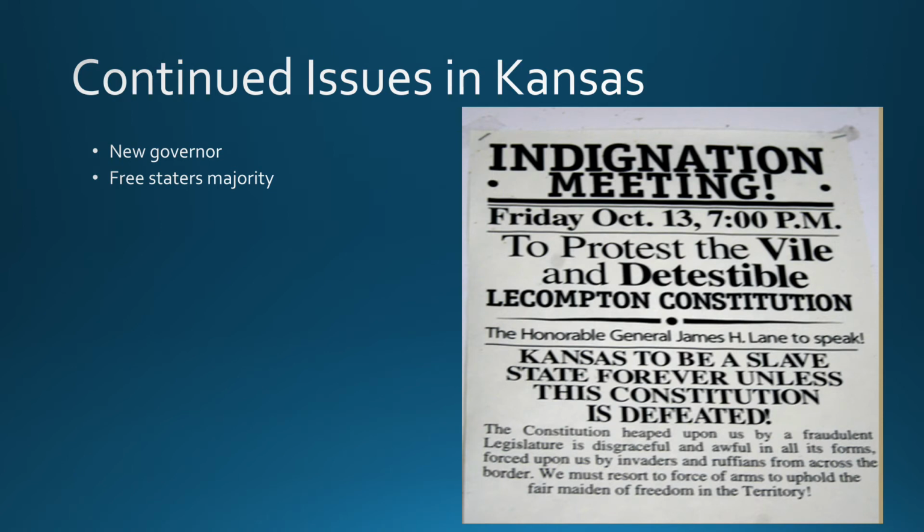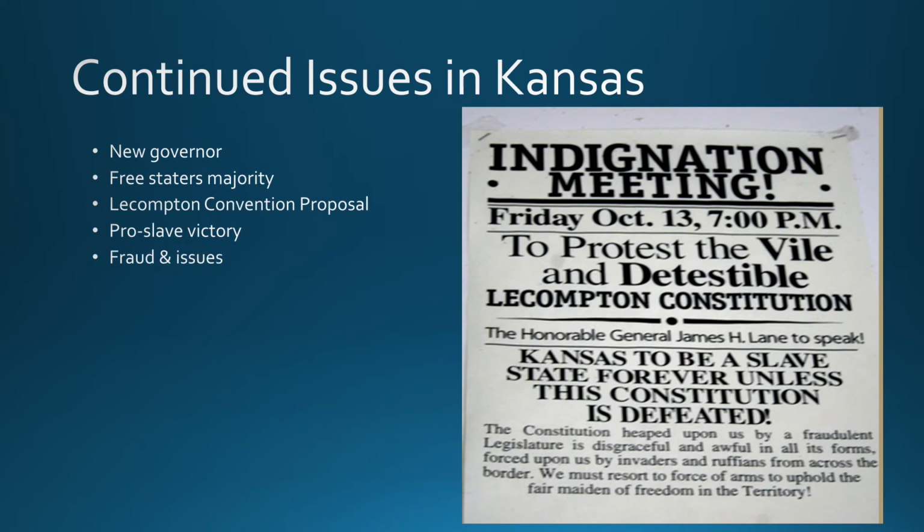Well, the Lecompton government, which remember was the pro-slavery one, will put up a proposal for Kansas to enter statehood. And because they put up the proposal, the Free Staters, although making up the majority, will decide not to get themselves involved in this. And so naturally, the pro-slavery victory will happen.